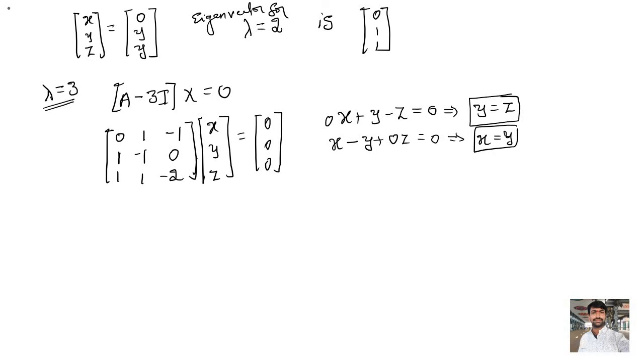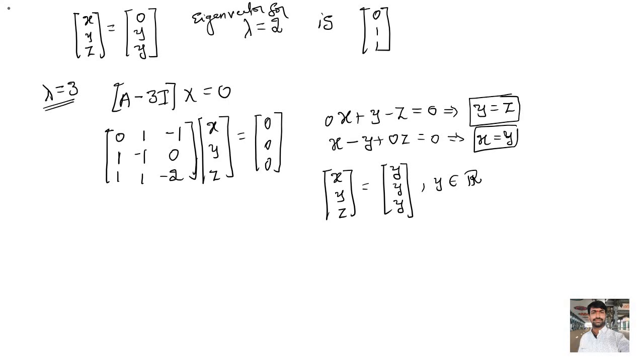X, y, z equals, we got x equal to y and z equal to y. So in place of y, let us write y as it is, where y can be any real number.